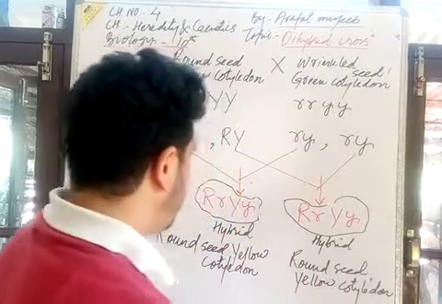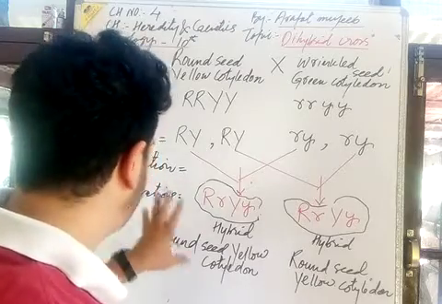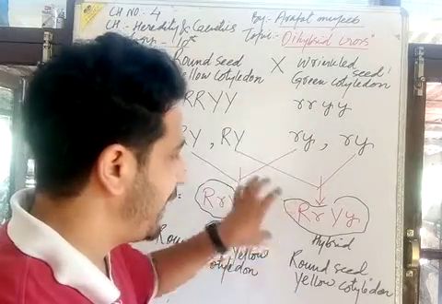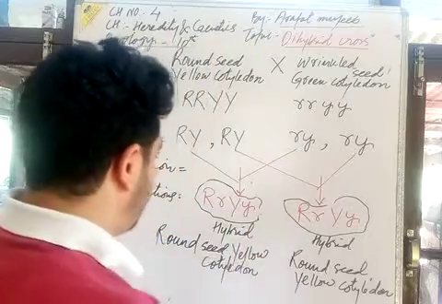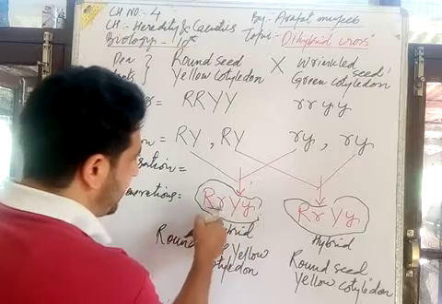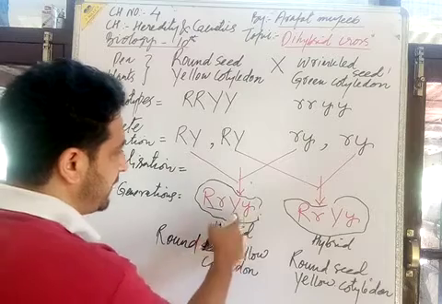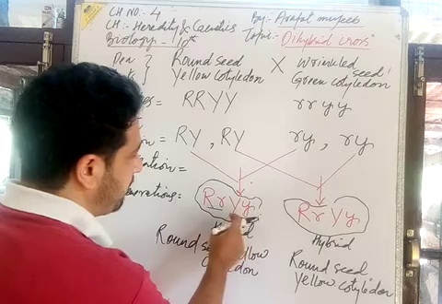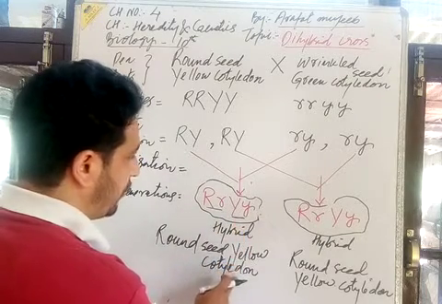Now, why is only this type of character expressed in the first filial generation? Here we can apply the law of dominance of genes. Focus on this pair: along with it the capital dominant gene is present, so only the round seed expresses. In this pair, the dominant gene is capital Y, so it will express the yellow cotyledon.